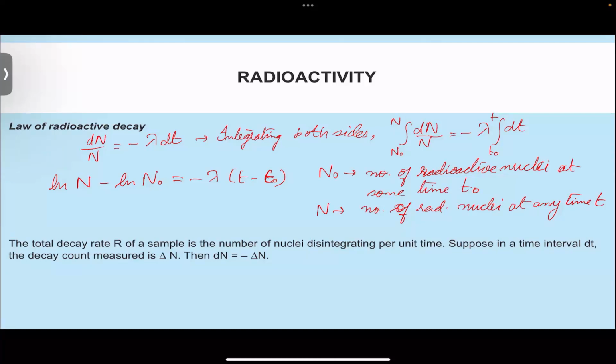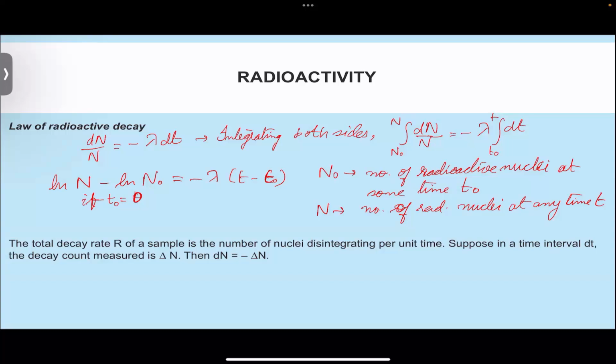If you consider t0 equal to 0, then you can find the proper equation for the exponential decay that the radioactive nuclei undergo.